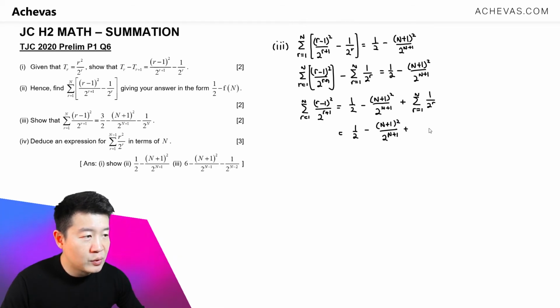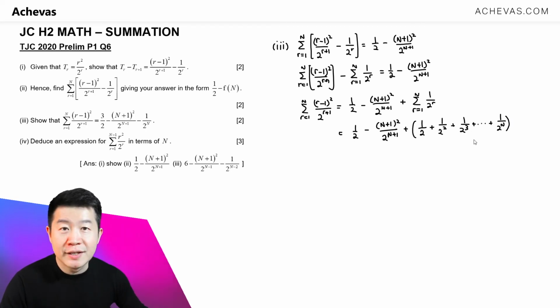Then this, if I expand it, is going to be 1 over 2, letting r be equal to 1, then plus 1 over 2 to the power of 2, plus 1 over 2 to the power of 3, all the way until r is equal to n, which is 1 over 2 to the power of n.